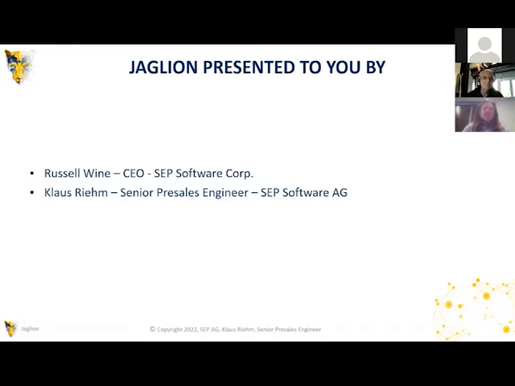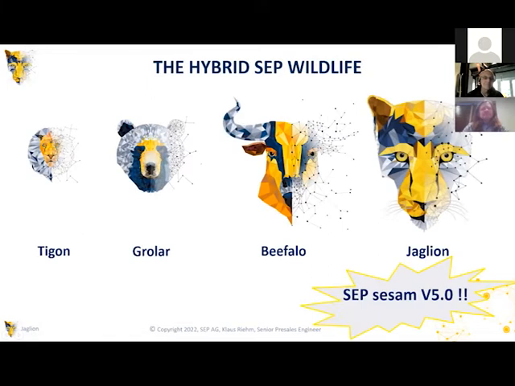Let's go to the next slide, please, Lucas. SEP Sesam, the product itself, is a hybrid backup solution. It's physical, virtual, and over the past few years, we have really made strides in the cloud. If we go back to Tigon, Growler, of course, Beefalo, and now Jaglion, that's exciting.